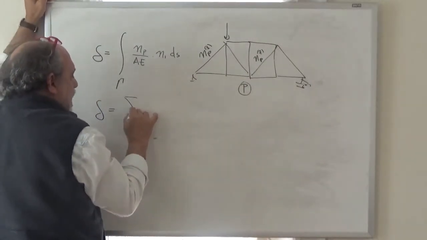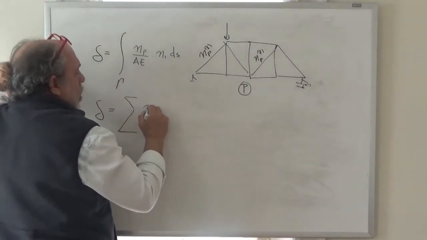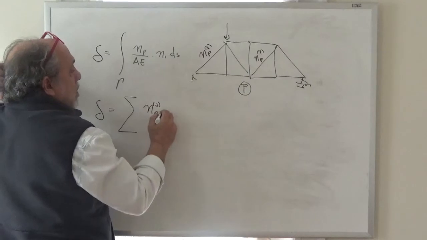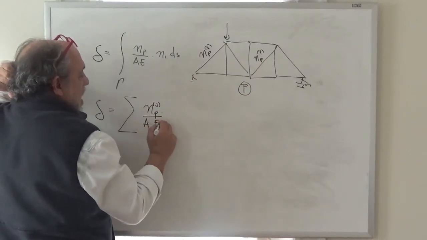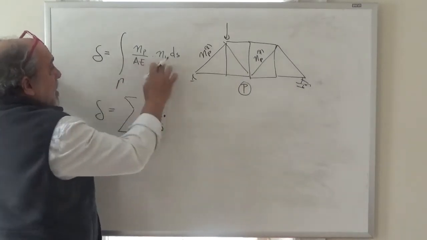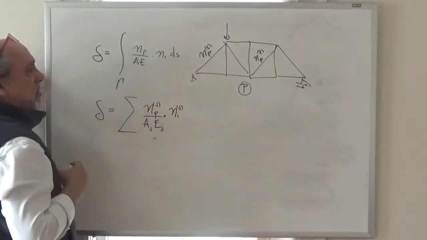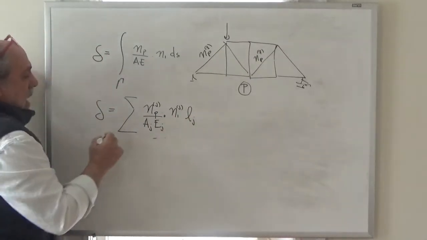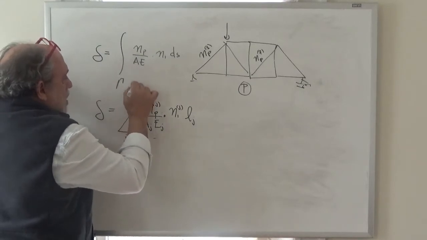And therefore the deformation is not an integral, it's just a sum of NP over bar J, multiplied over the area of bar J, divided over the E of bar J, multiplied times the N1 on bar J, and then the integral of ds over bar J is just the length of bar J. And this is from J equal to 1 to the number of bars.